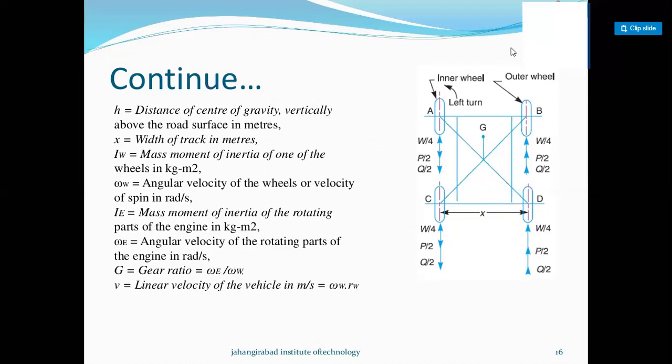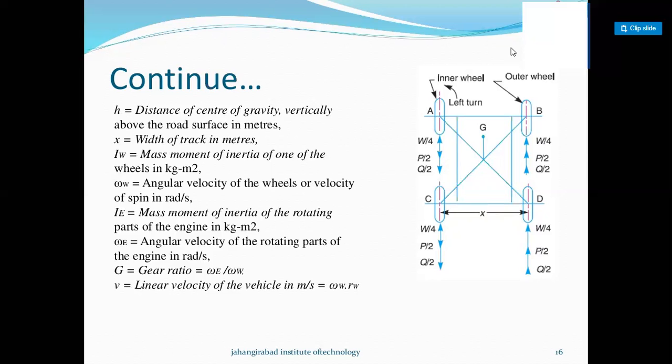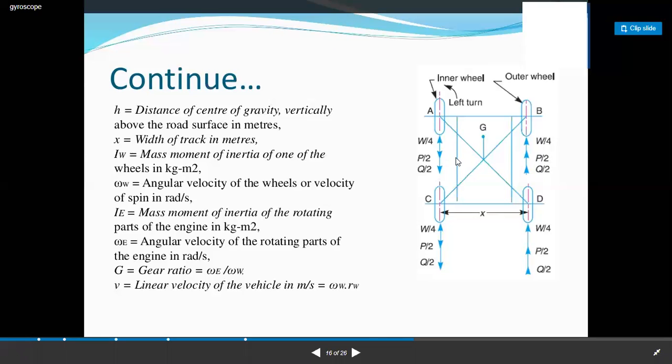Assuming that the weight of the vehicle is equally distributed over the four wheels, the force on each wheel acting downward is mg by 4. The reaction by the road surface on the wheel acts in the upward direction. So Rw is equal to mg by 4, that is W by 4, which is shown in the figure at each wheel, right?